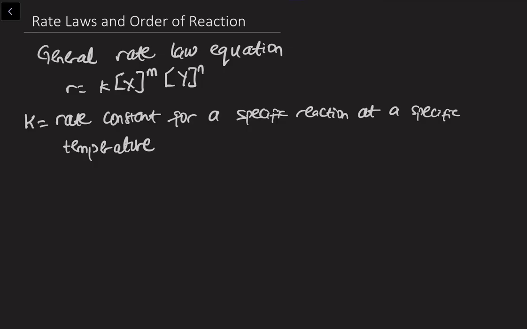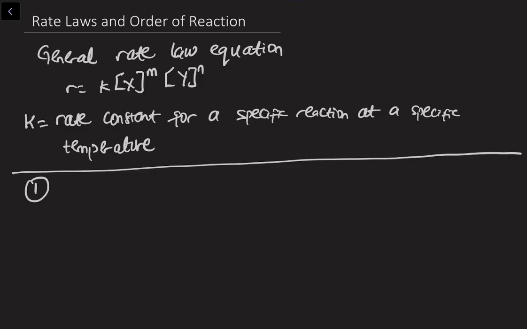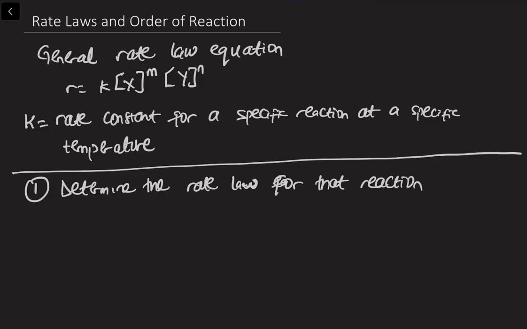Right. So, typically, when you are given a question, which we would look at in a bit, there will be two things you'll be asked to determine. One, you'll be asked to determine the rate law for that reaction that you are given, and two, determine the rate constant.